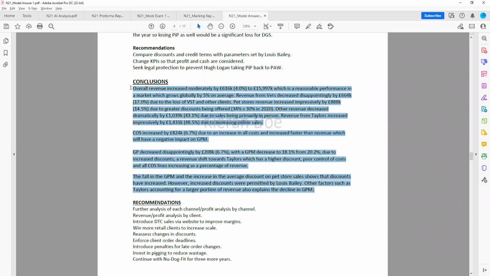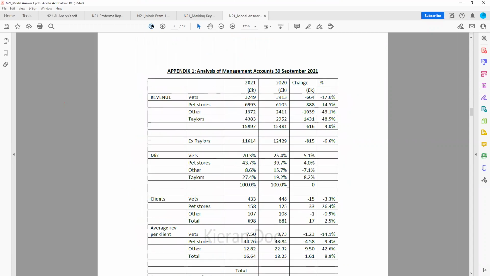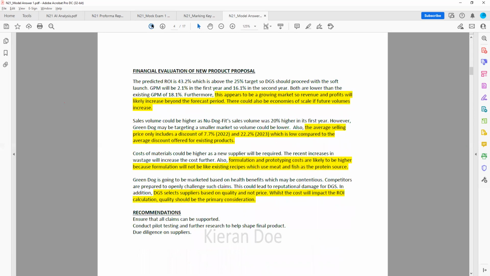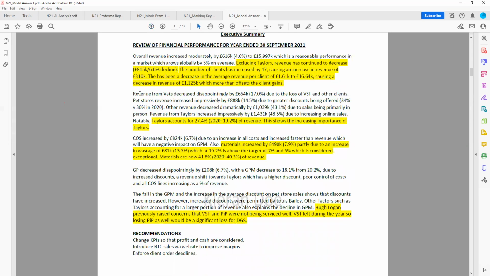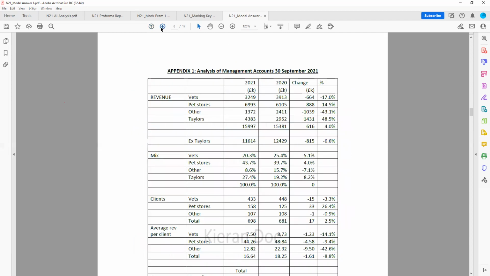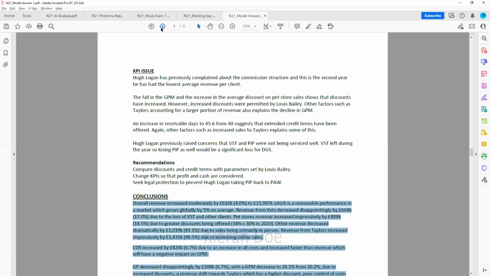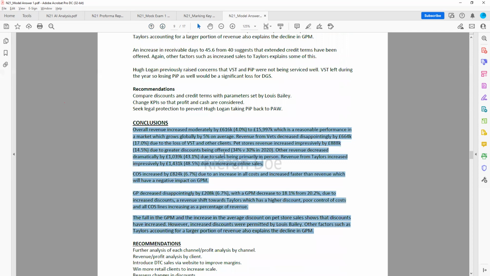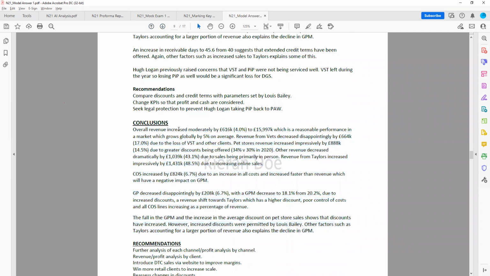Then in your exec summary, again, you need to summarize, but you're summarizing on the same requirement, the same request: analysis of revenue by each channel, cost of sales, gross profit, KPI issue. So concluding on it and summarizing it are very similar tasks. And actually, we're talking about factual information here.